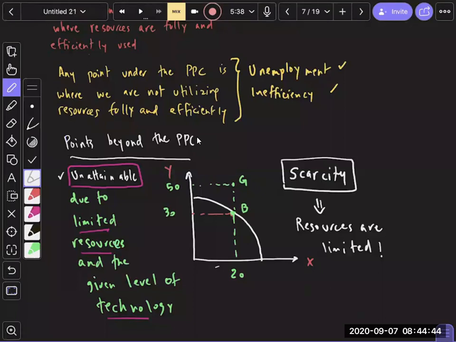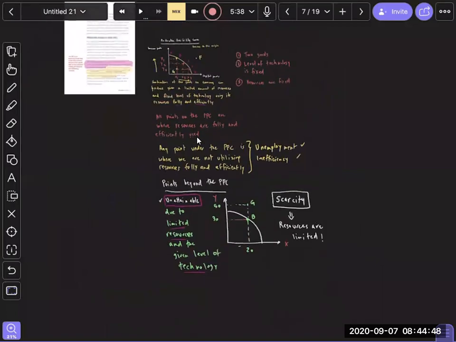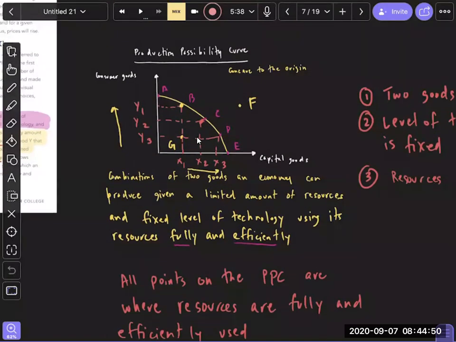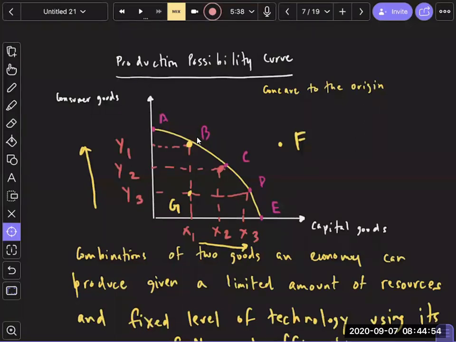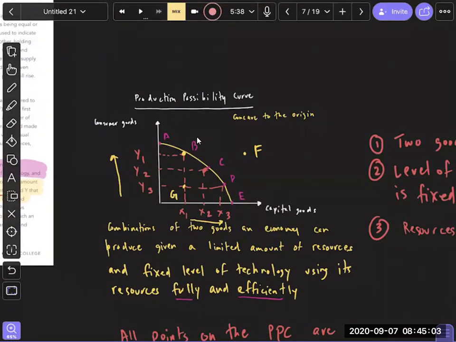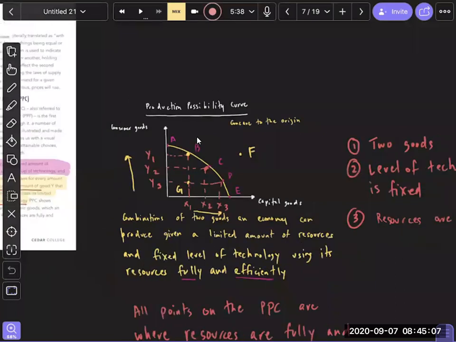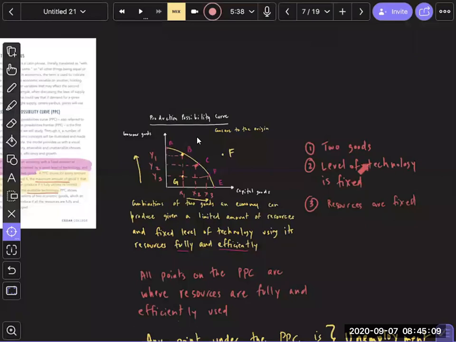No, sir. No? Okay, so some of the things that we learned right now is, number one, that when we draw a PPC, it shows us only two goods. We also said the PPC shows us the maximum output that we can make of two goods with our level of technology being fixed, and number two, our resources being fixed.